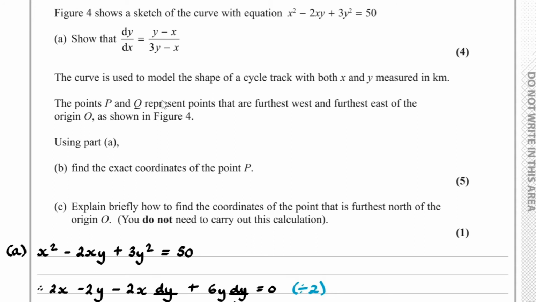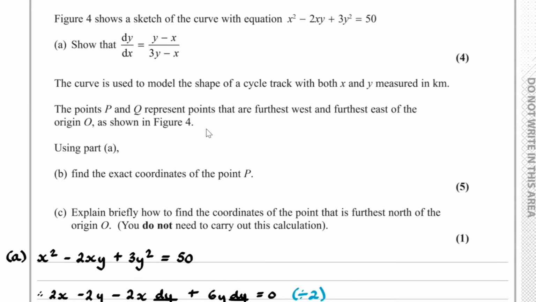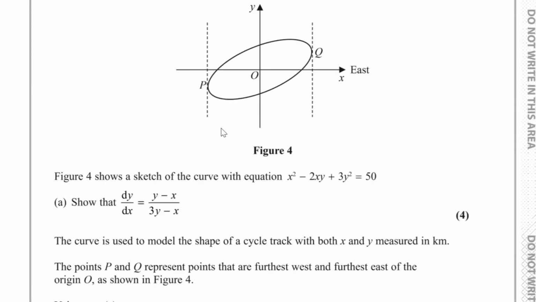Now for part B, the curve is used to model the shape of a cycle track with both x and y measured in kilometers. Points P and Q represent points that are furthest west and furthest east of the origin O, as we see in figure 4.